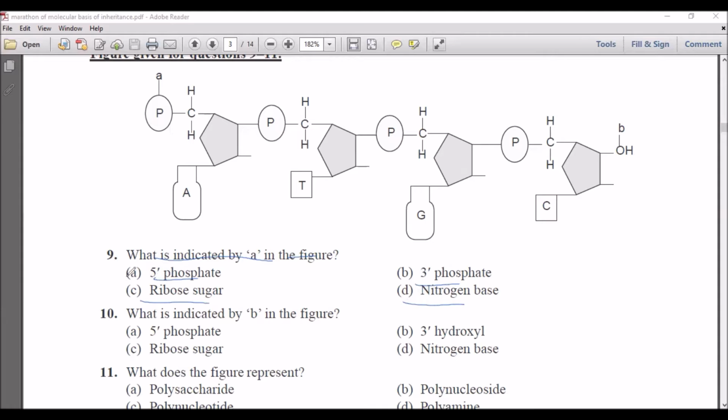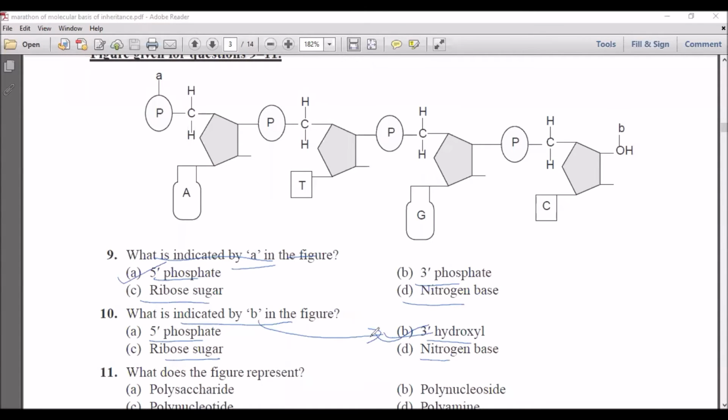By looking at the figure, we can see that A represents the 5-phosphate. What is indicated by B in the figure: 5-phosphate, 3-hydroxyl, ribose sugar, or nitrogenous base? So B is 3-hydroxyl.